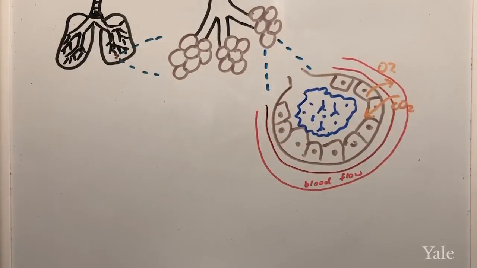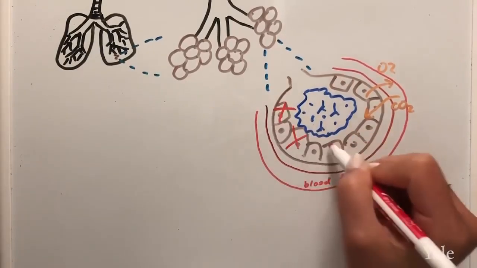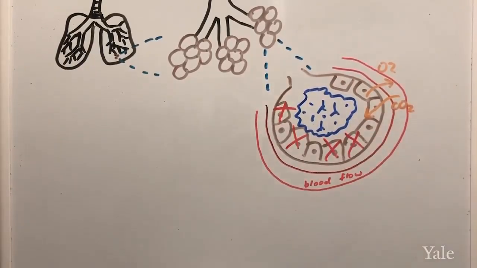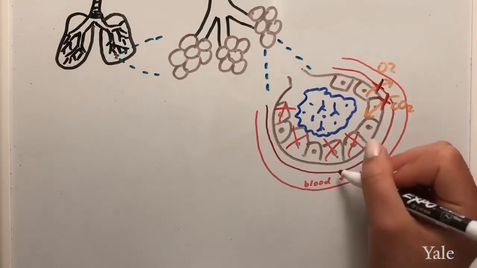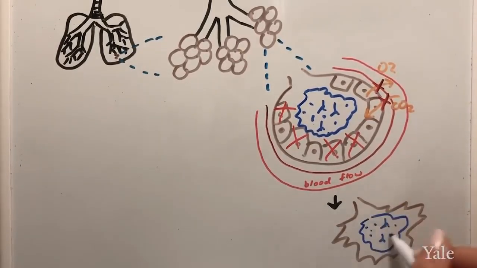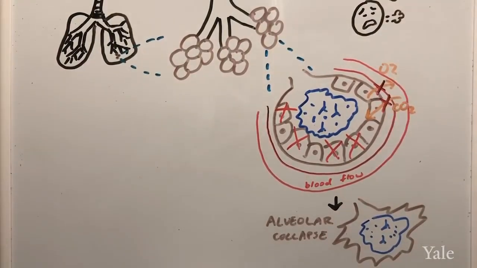The overactive immune response can damage more alveolar cells, causing more cells to die and slough off, filling the lungs with more debris and fluid. This interrupts the proper transfer of oxygen into the bloodstream and causes alveoli to eventually collapse. This is why difficulty in breathing is one of the symptoms of COVID-19 infection.